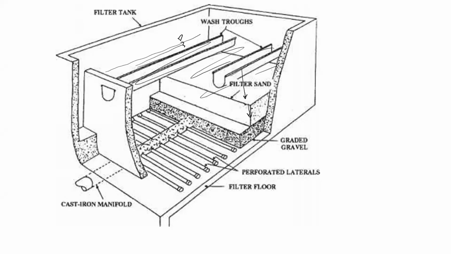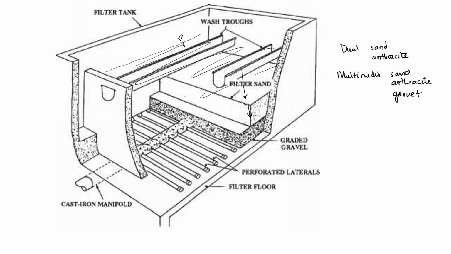We may have a mixture. For instance, if we have single media, it's just sand. Dual media tends to be sand and anthracite, and multimedia tends to be sand, anthracite, and garnet. The reason these are used is because they have different sizes.